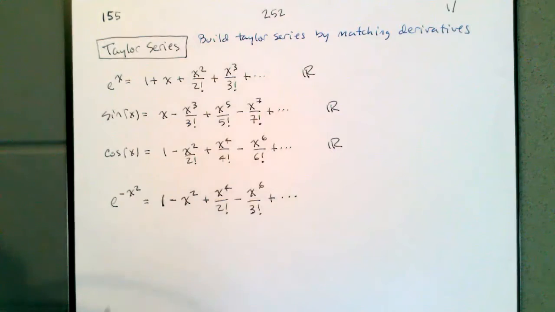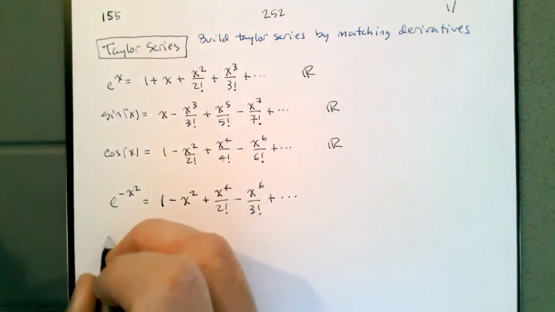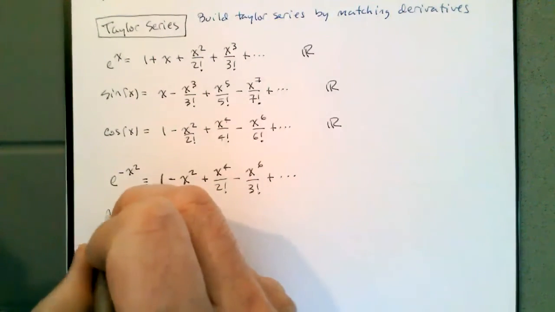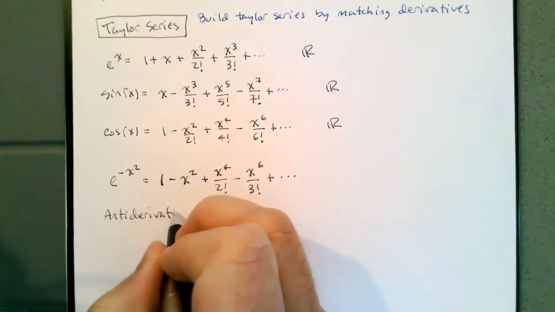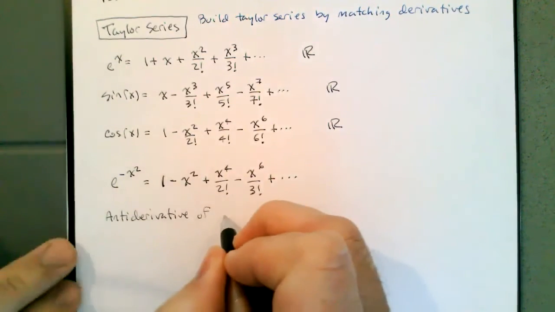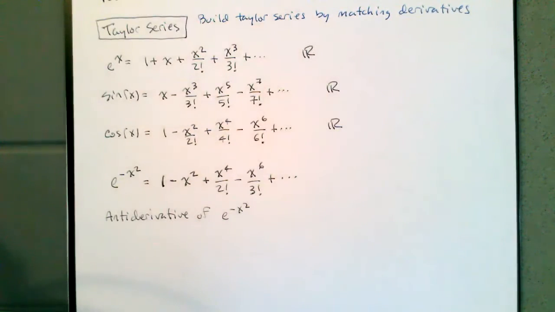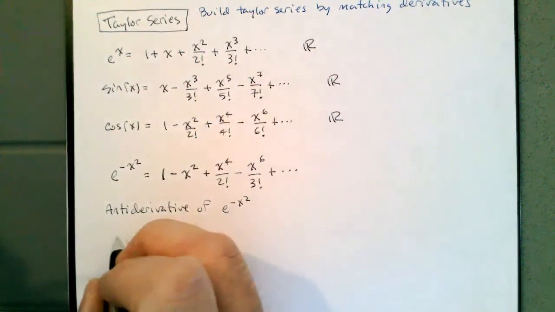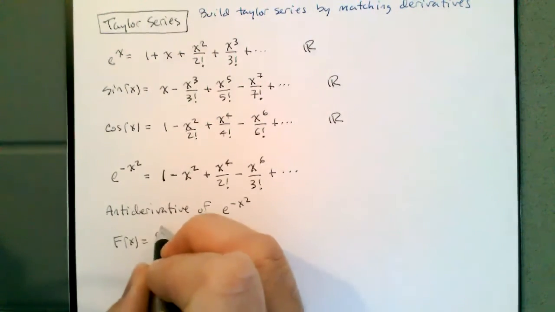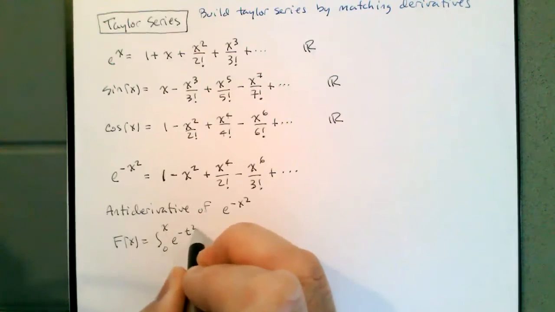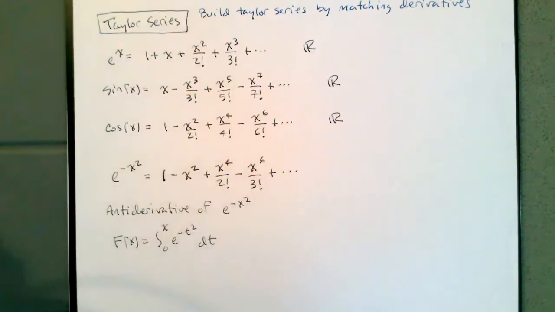Or we can use just the definite integral. So the antiderivative, remember, we didn't have a nice one, but we can write a couple of antiderivatives of e to the minus x squared. So f of x, the integral, say, from 0 to x of e to the minus t squared dt. We can use a definite integral to approximate our antiderivative of e to the minus x squared.